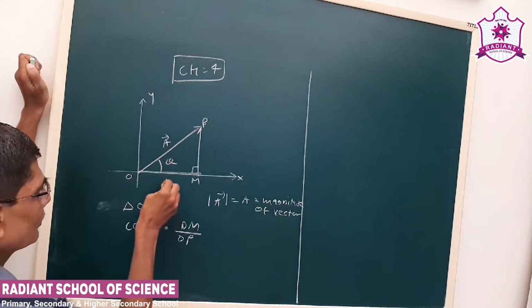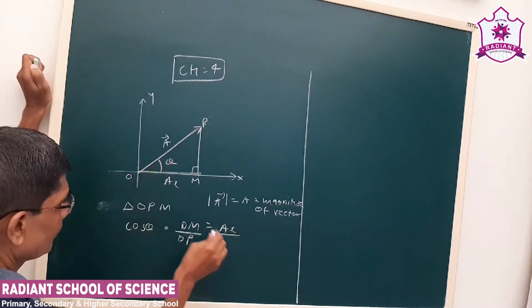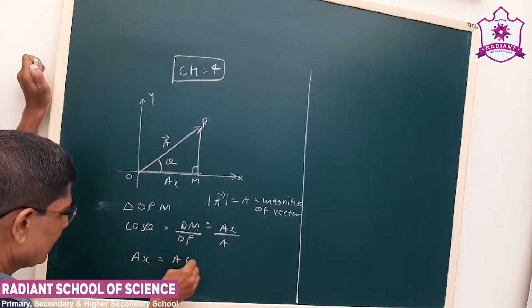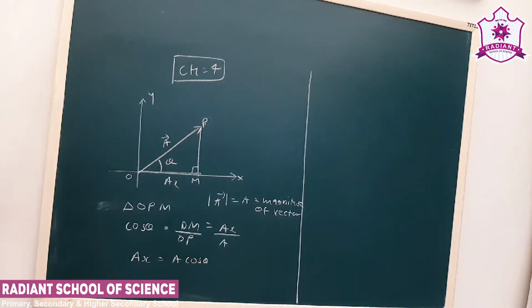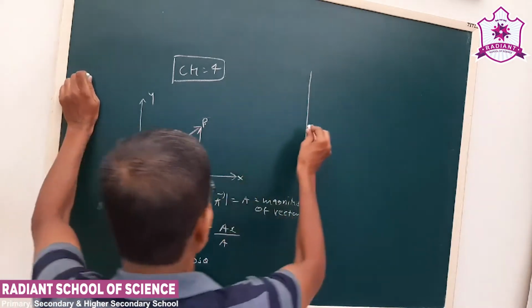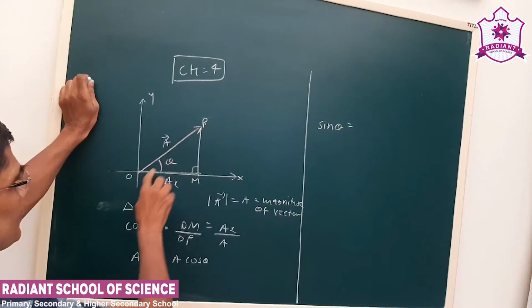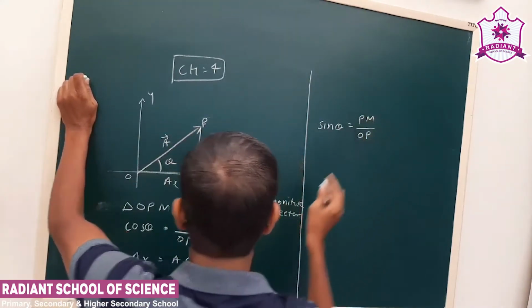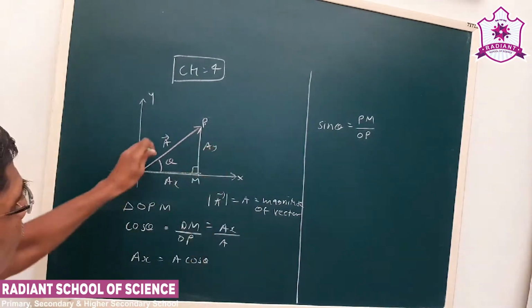That I call as AX, upon OP is A, so AX is A cos theta. Now, by the same reasoning, sin theta is opposite side, that is PM upon OP. PM is nothing but the y component, that is AY, OP is A.